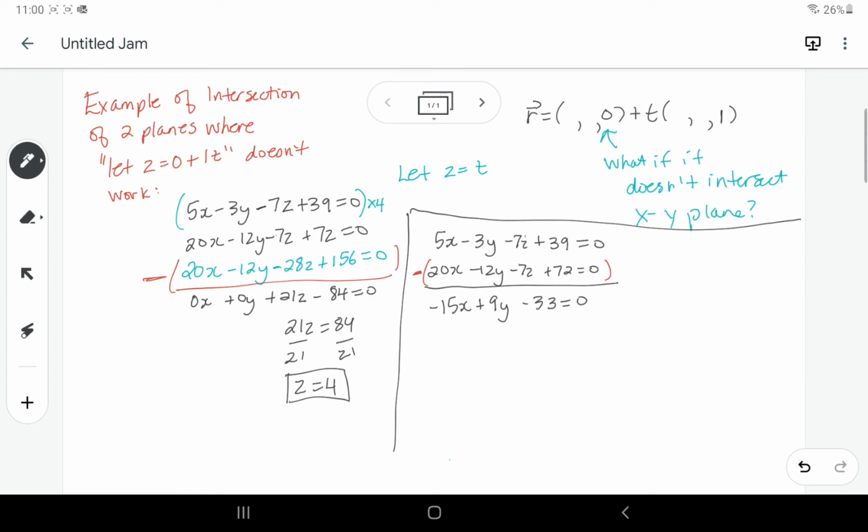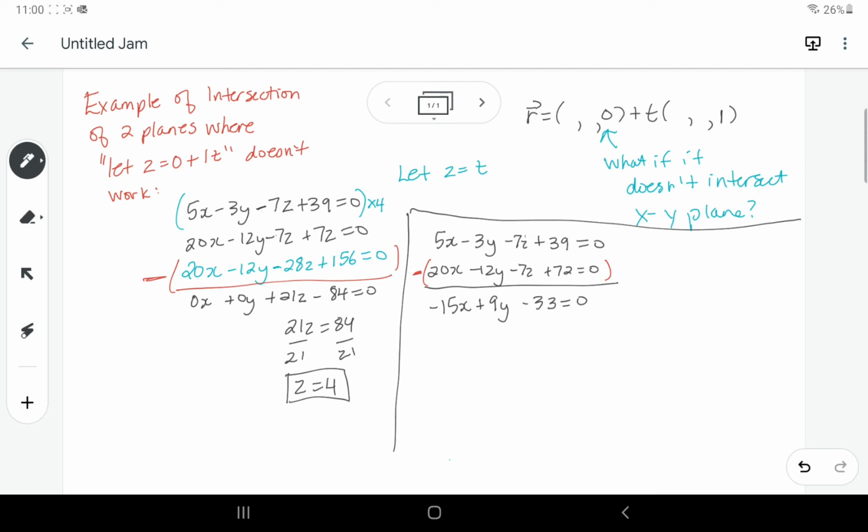So we can do a few different things here. Some people may be more comfortable working in y equals mx plus b form, and you could convert to that and draw a little sketch to get a direction vector.